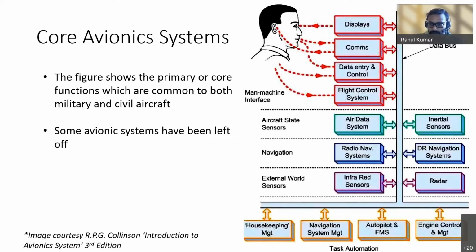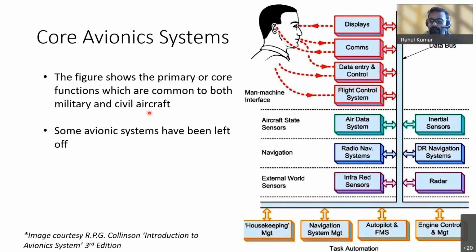Now, coming on to the next slide. This picture in the slide represents the core avionics systems, right? The figure shows the primary or core functions which are common to both military and civil aircraft.